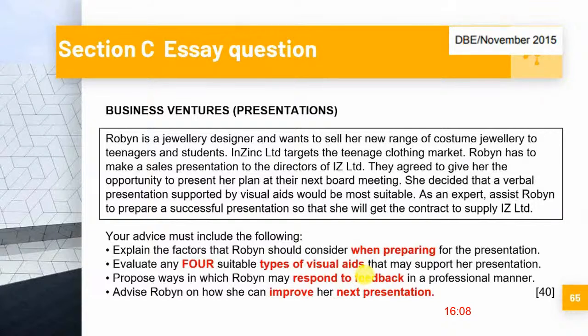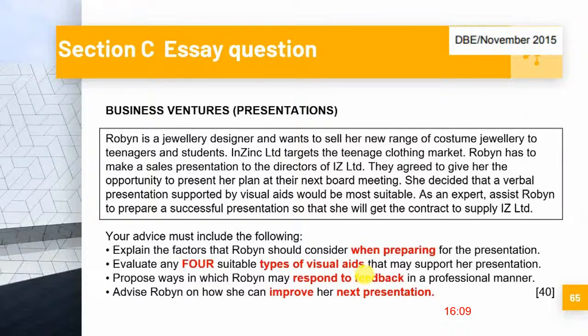Robin has to make a sales presentation to the directors. They agreed to give her the opportunity to present a plan at the next board meeting. She decided that a verbal presentation supported by visual aids would be most suitable. As an expert, assist Robin to prepare a successful presentation that she will get to contract the suppliers.